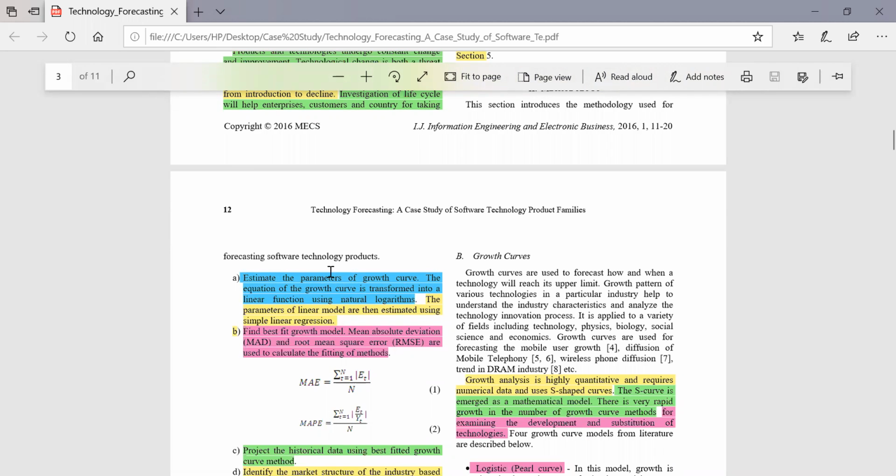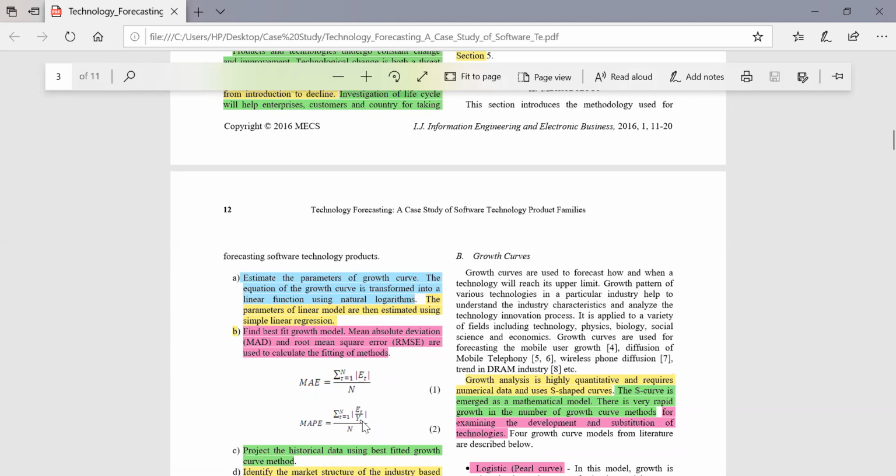To estimate the parameters of the growth curve, the equation of the growth curve is transformed into a linear function using the natural logarithm. The parameters of the linear models will later be estimated using simple linear regression methods. So they do use simple linear regression methods.